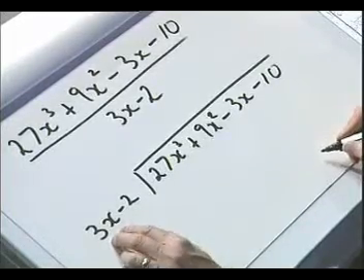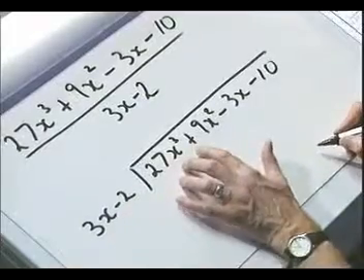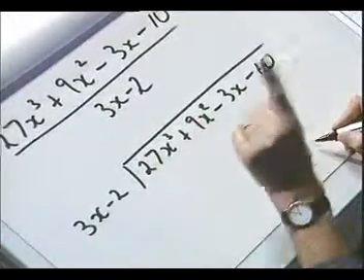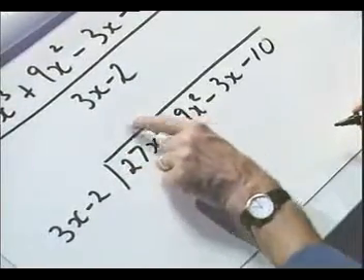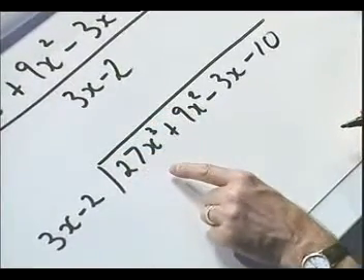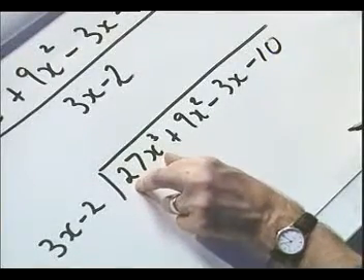So we ask ourselves, how many times does that go into that? A bit difficult. What we ask ourselves is, how many times does the x bit go into this bit? Just like we asked ourselves how many times the 25 went into the 26. How many times does 3x go into 27x cubed?